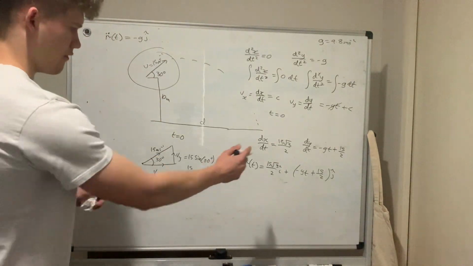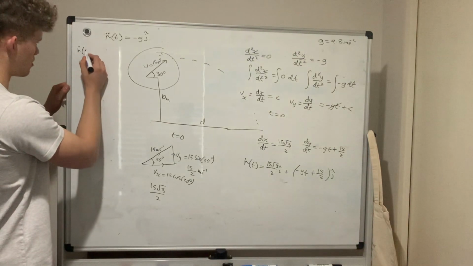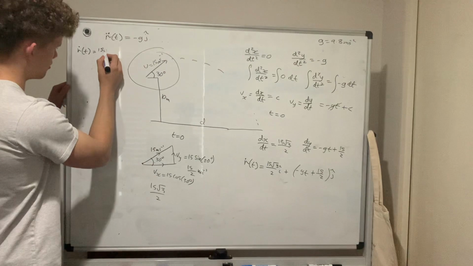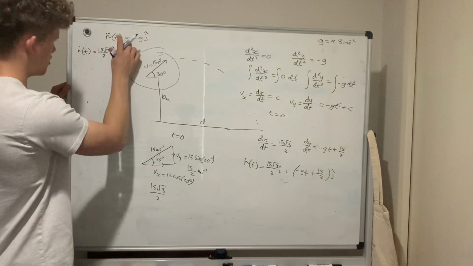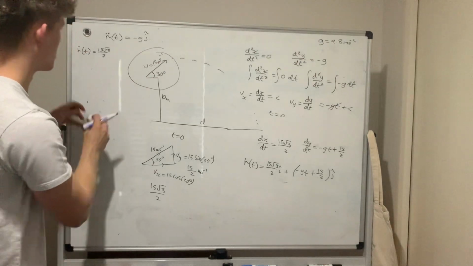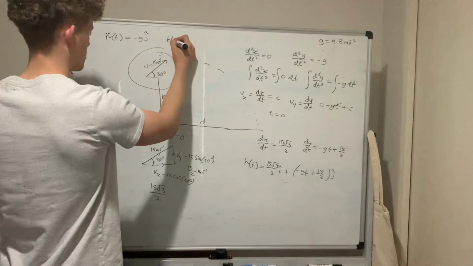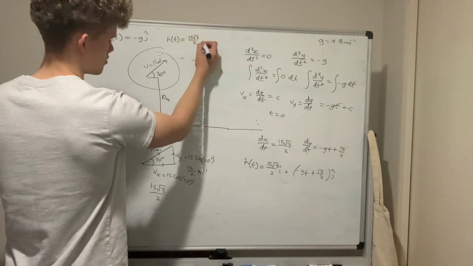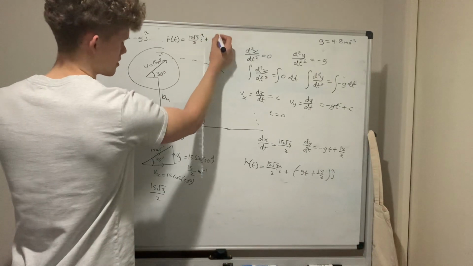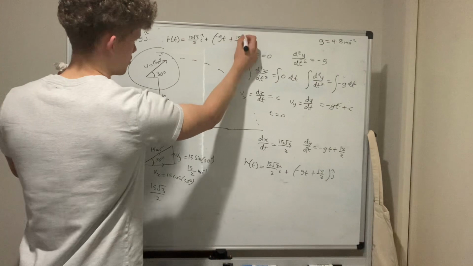So I'm going to write my velocity equation up here so I don't forget it. So r dot of t equals 15 root 3 on 2 i hat plus negative gt plus 15 over 2 j hat.